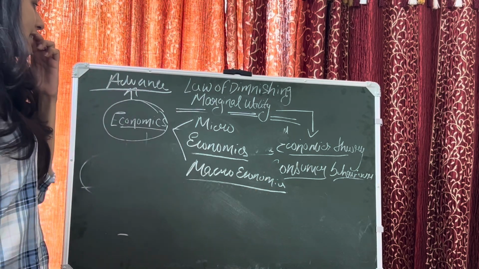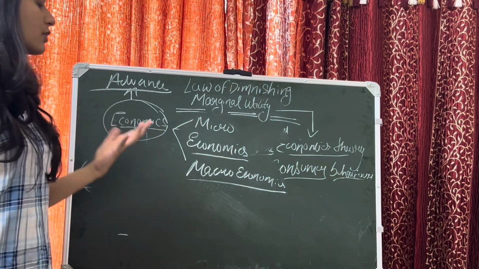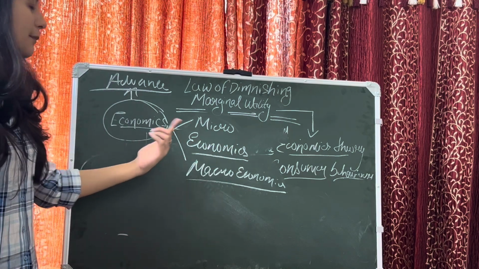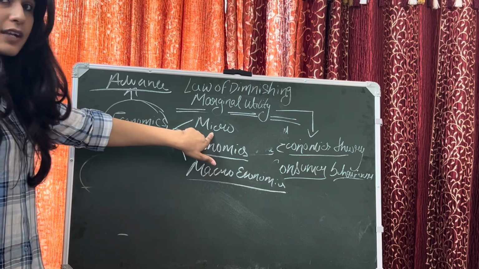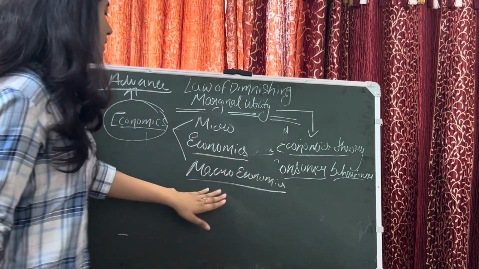So microeconomics is when we discuss resources and their utilization at the individual level, as we just saw in the example of the family. And everything that deals with the country at large comes under macroeconomics.